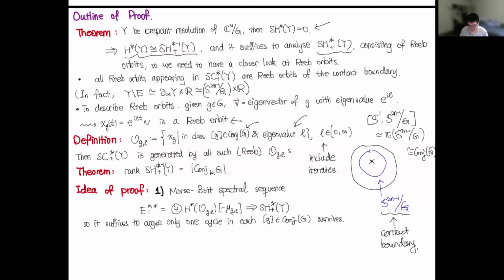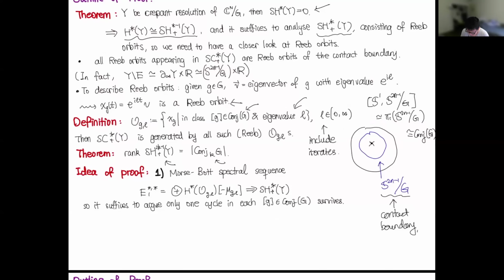And the theorem is that if you want to compute the positive symplectic cohomology of the space, the rank will be exactly equal to the number of conjugacy classes of G with the H grading K. And the moral reason for this is the so-called Morse spectral sequence.